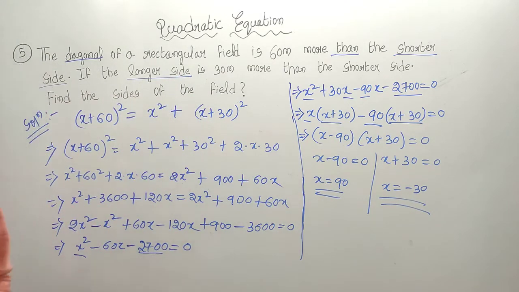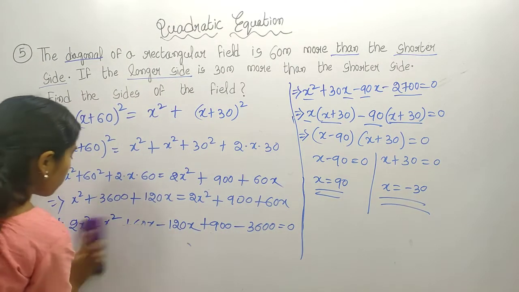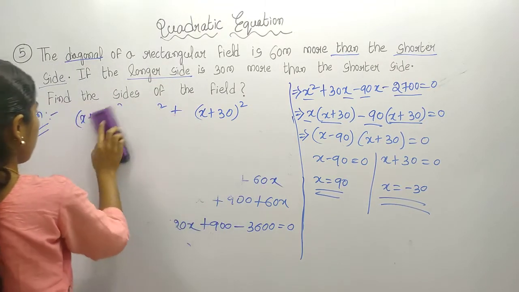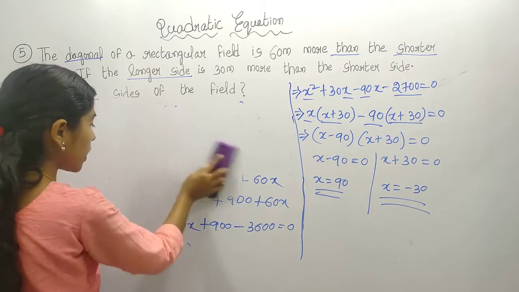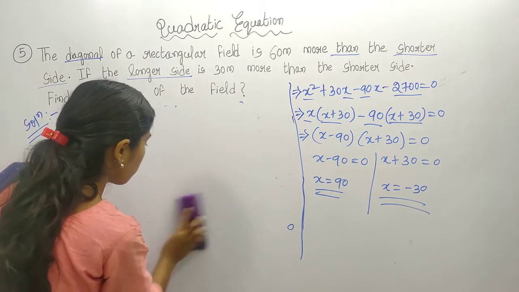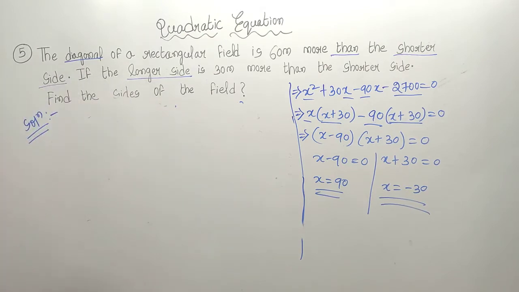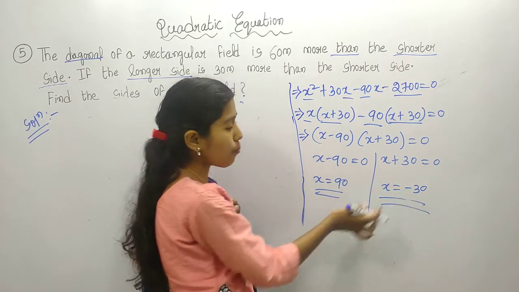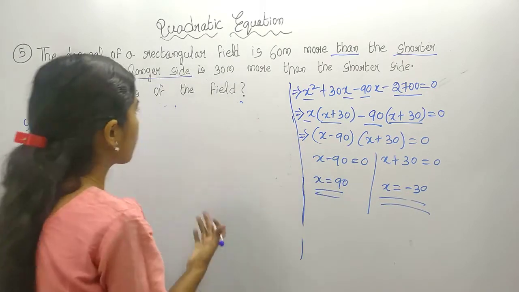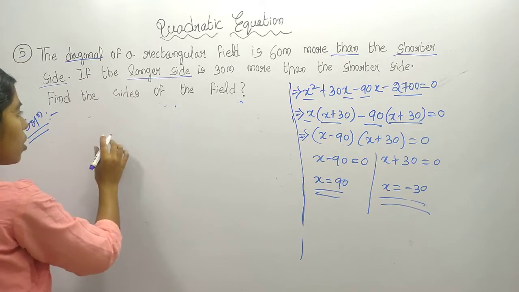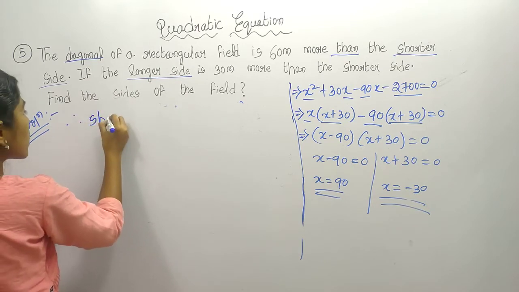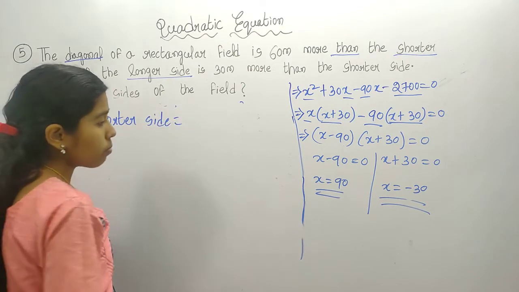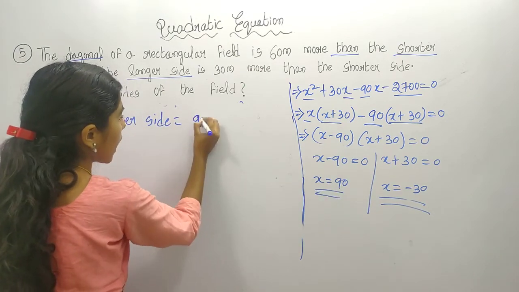Then what is given in the question? That you have to find the sides of the field. Here we can't take minus 30, it is in negative form, so our answer is plus 90. So the shorter side equals, we took x meter, so x means here 90 meter.